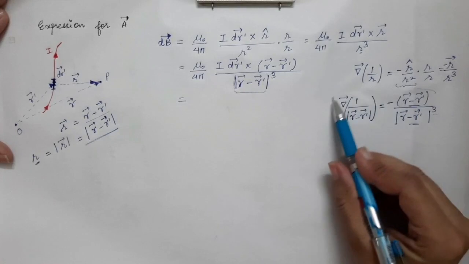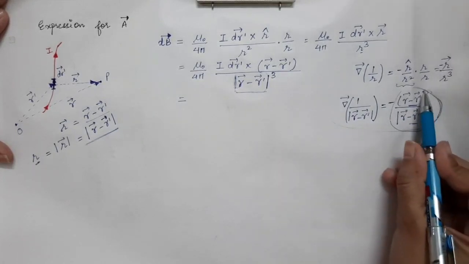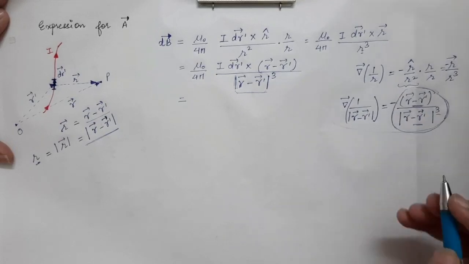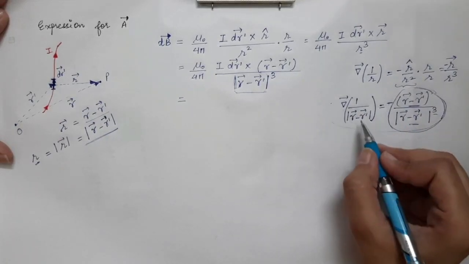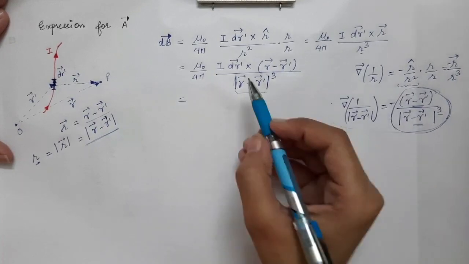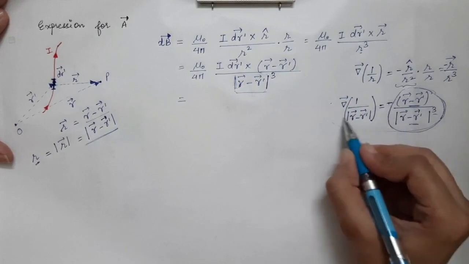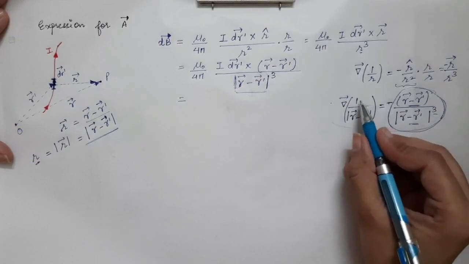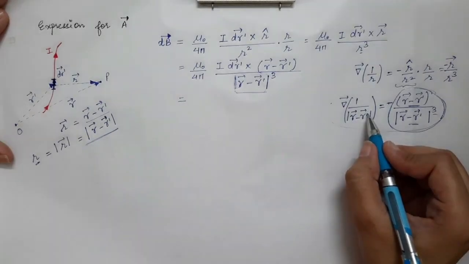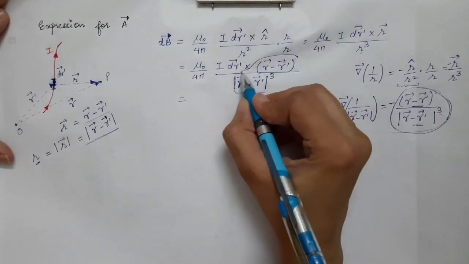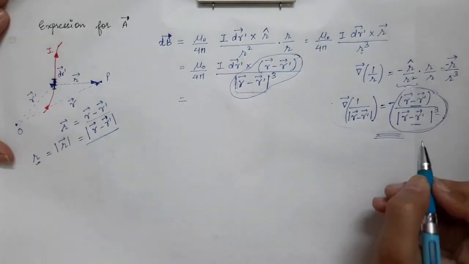So from this expression I can take only this expression on one side. So that will come out to be the negative of the gradient of this expression. So in this expression I am going to substitute the negative of the gradient of 1 by the magnitude of r vector minus r prime vector. So I am substituting for this expression using this one.